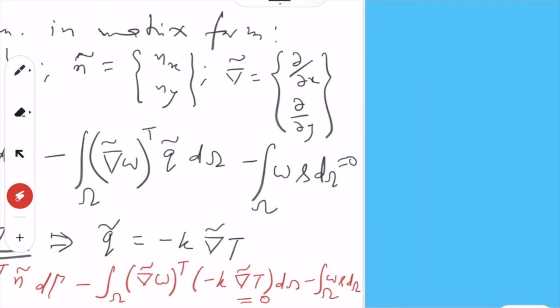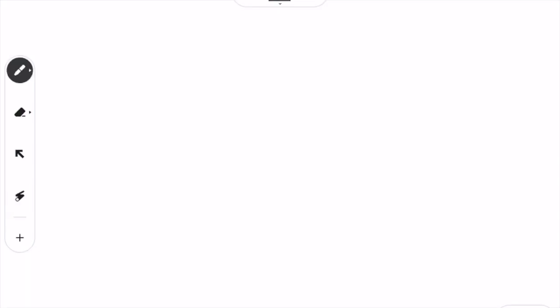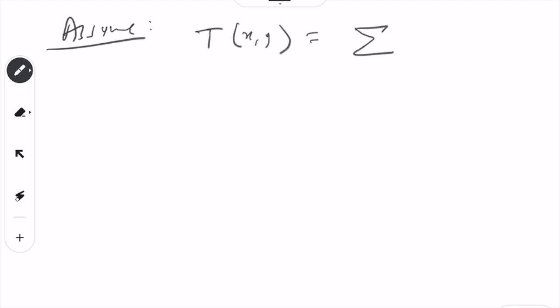So we can assume, for any kind of element, we will have n. We have t x y is equal to the sum of n_i x y t_i, where i equals 1 to n.